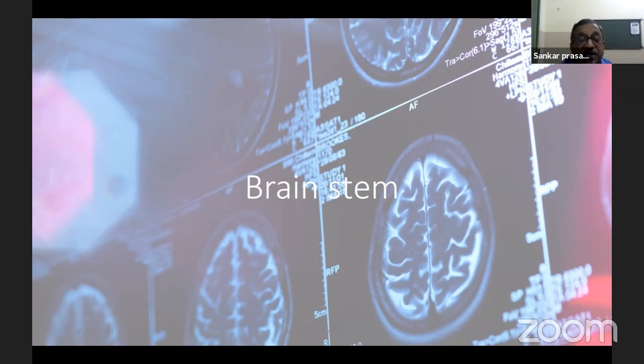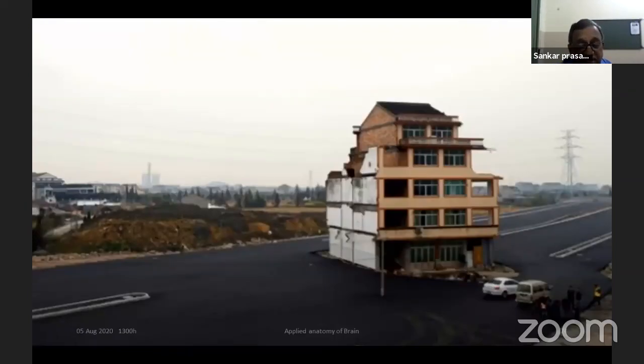We'll go on to the brainstem. The brainstem gets peripheral sensory inputs to the brain via the spinothalamic tract, lemniscal pathways, medial lemniscus, and the trigeminal tract.